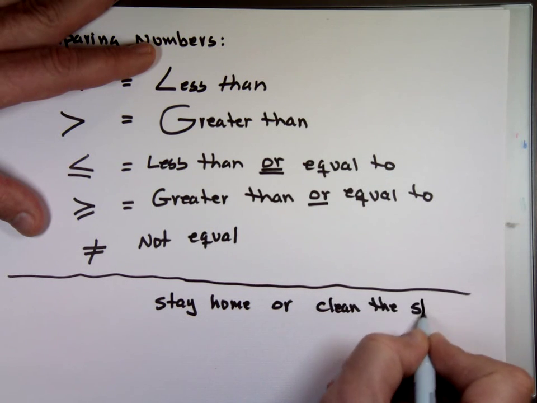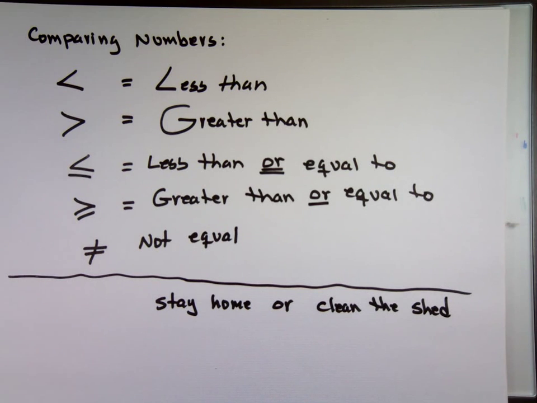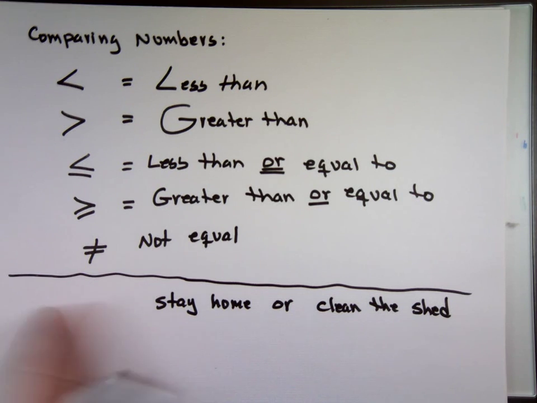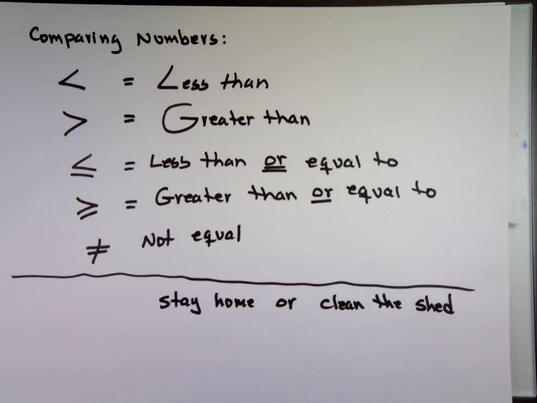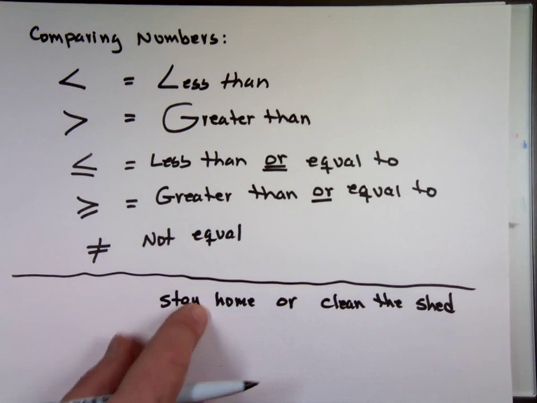Let's say shed. Go clean the shed. What does that mean? You can go out if you want to. Or you can have the car if you do one of these two things. Either stay home tonight or clean the shed. If you stay home, did you complete your requirement?